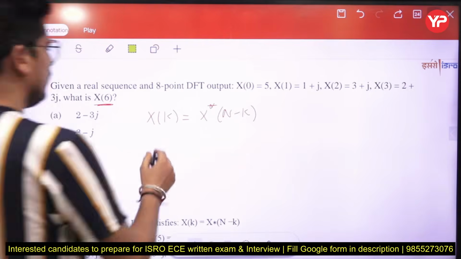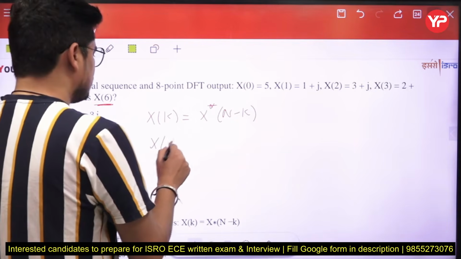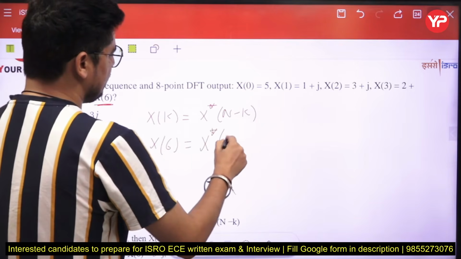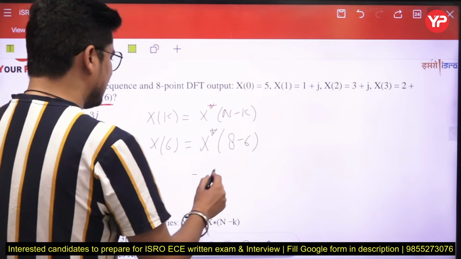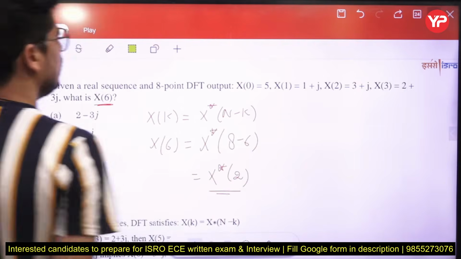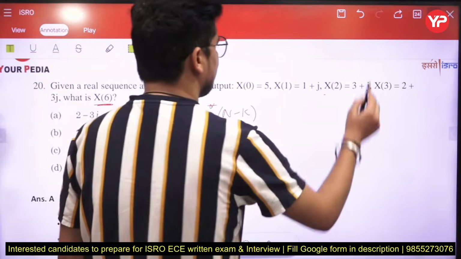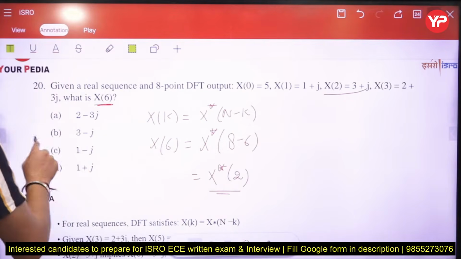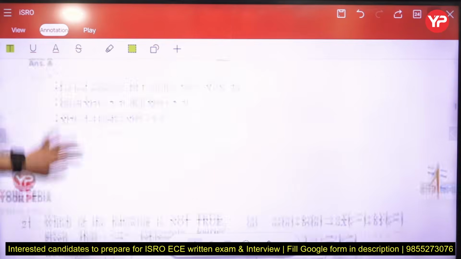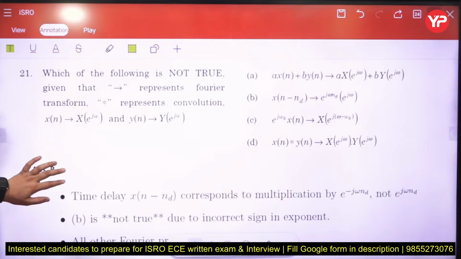Let's take, we are calculating X of 6. So X of 6 is basically X star of 8 minus 6. So it means that will be the complex conjugate of the X2 value. So X2 value is 3 plus j. So that will be 3 minus j. So remember, these are direct property based questions here.